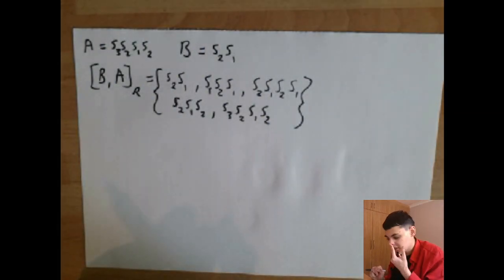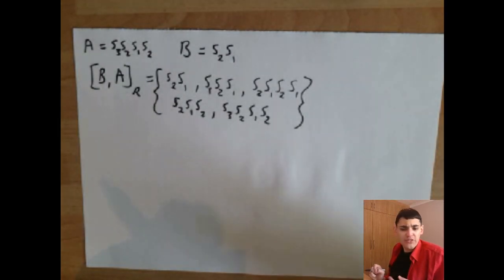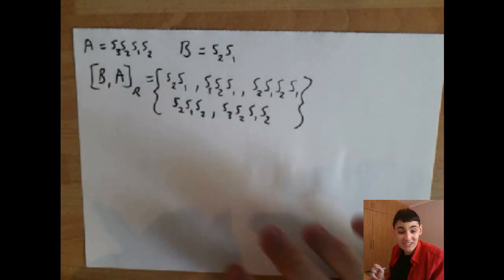That's fine. So what does the interval isomorphism property tell us?